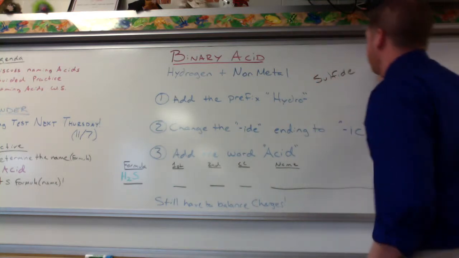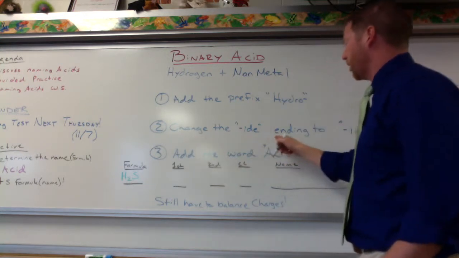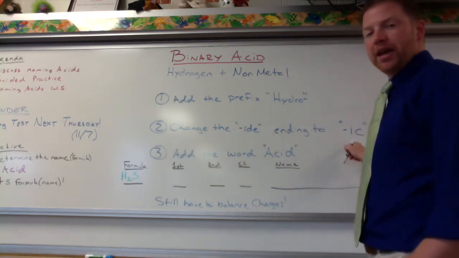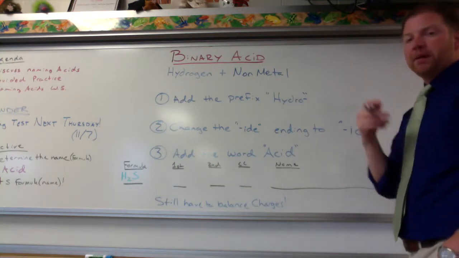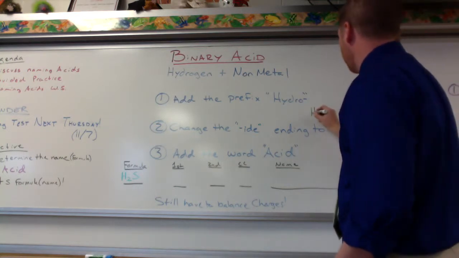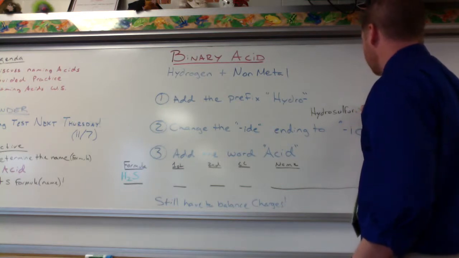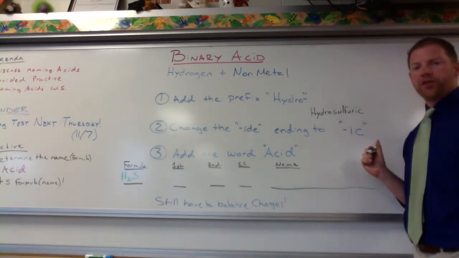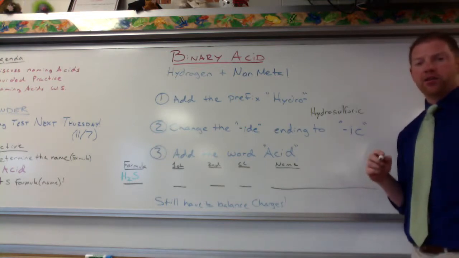So I would put a hydro in the front of it. But rule 2 tells me that I'm going to change the ending "ide" to an ending "ic." Now, sulfur is a weird one because you actually change more parts of the name, but make sure you say it out loud. It should make sense when I say it. So right now, my word would be hydrosulfuric. And then the third step is just going to add the word acid to the end of it.